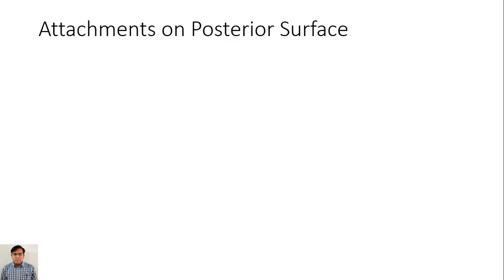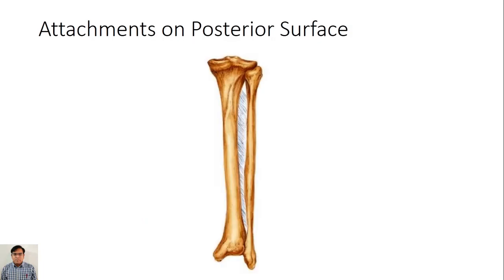Now the attachments on the posterior surface. This is the posterior view. It gives attachment to tibialis posterior. It takes origin from the upper half, in between the interosseous border and medial crest.